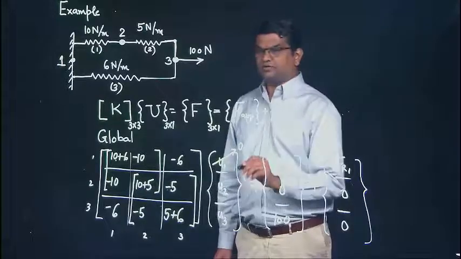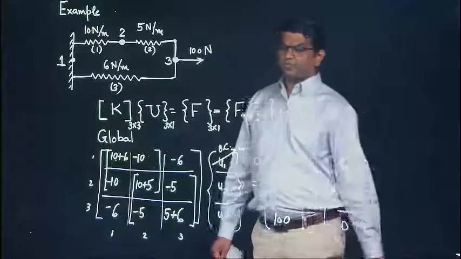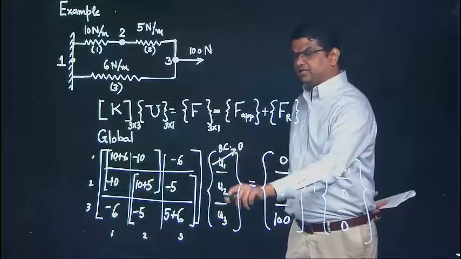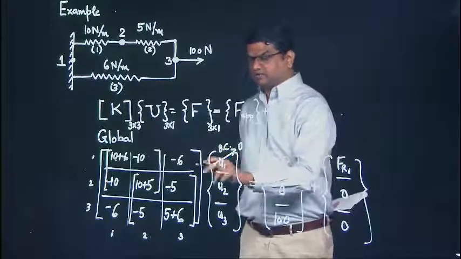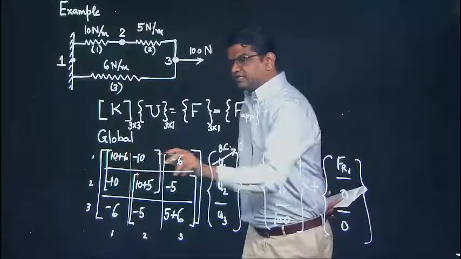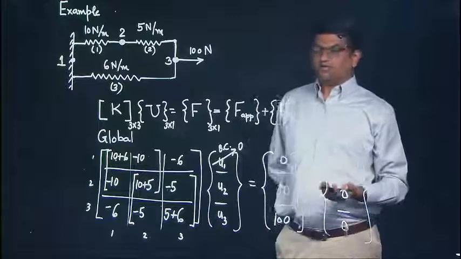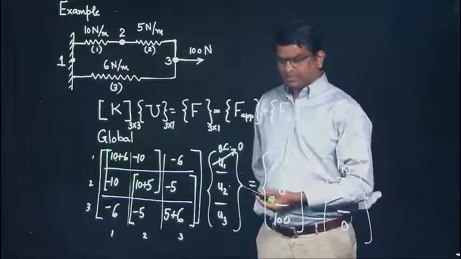U1 equal to 0 is the boundary condition. When you substitute the boundary condition into this matrix, we see that since U1 is 0, the terms that are associated with U1 will not be used in solving for U2 and U3.